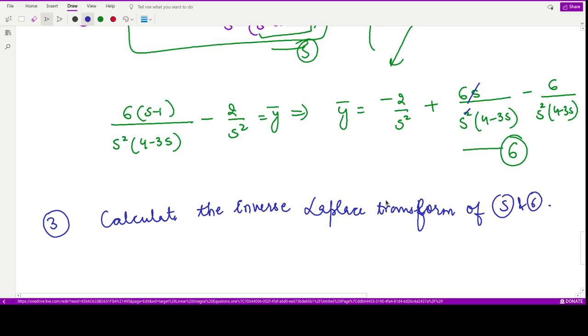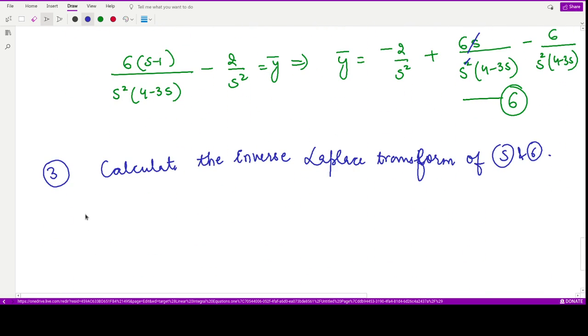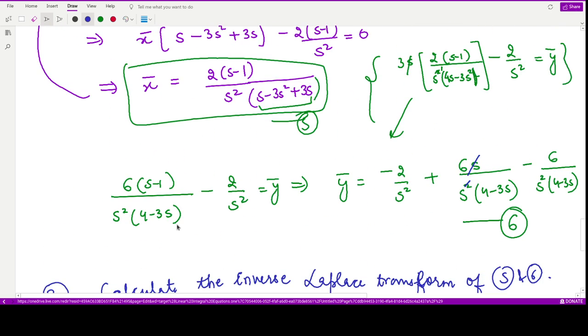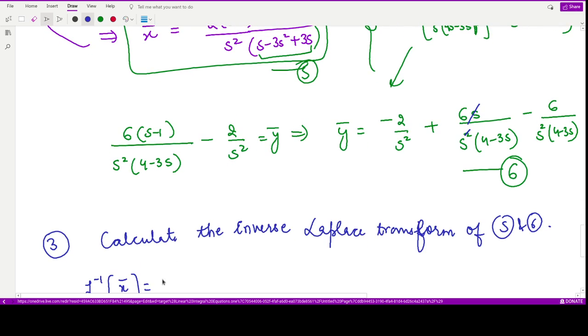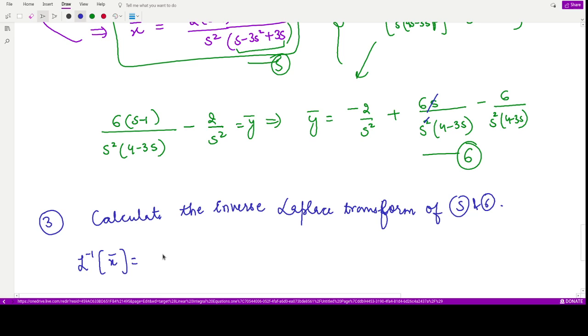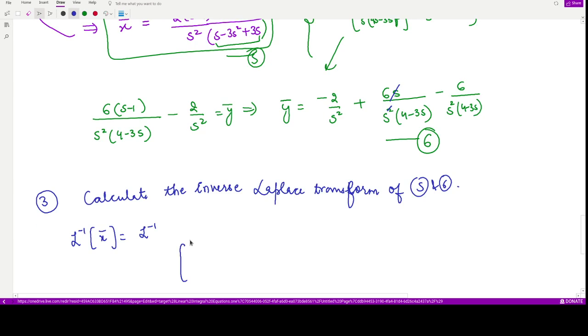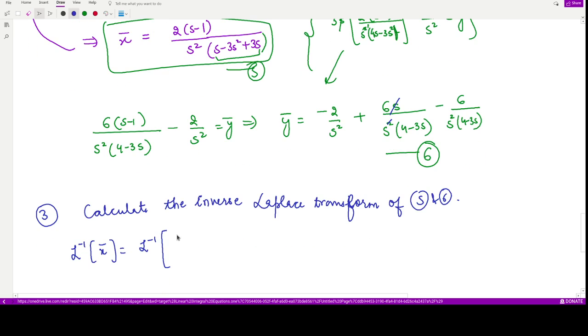So when you take the inverse Laplace transform of x bar, that means you will have Laplace inverse of x bar, that is equal to Laplace inverse of the term (2s minus 1) divided by s square (4s minus 3s square).